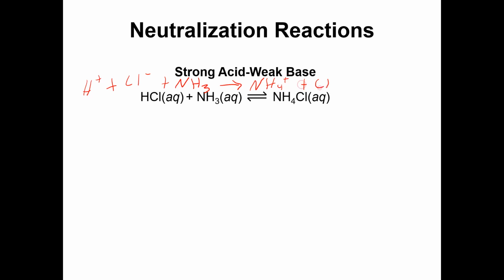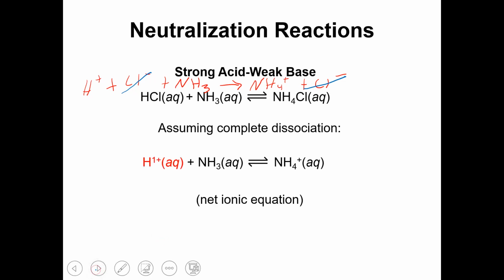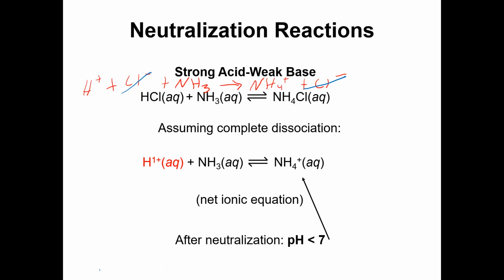Even though there's no metal in ammonium chloride, the ammonium ion functions as the cation and the chloride functions as the anion. So it functions like an ionic compound even though it's not actually ionic. It doesn't have a metal there. If we cross out the things that appear on both sides, the only thing that we can cancel out is the chloride. Since our acid is much stronger than our base, the pH of this solution should be less than 7.